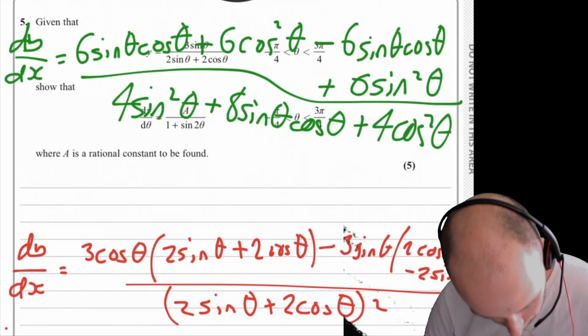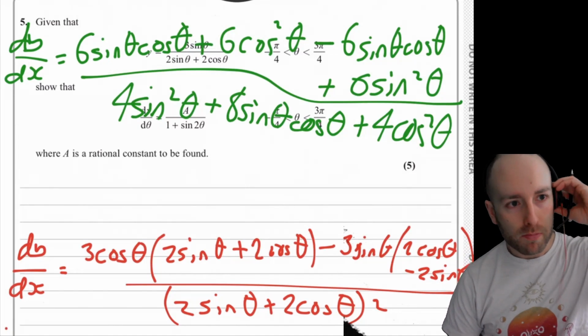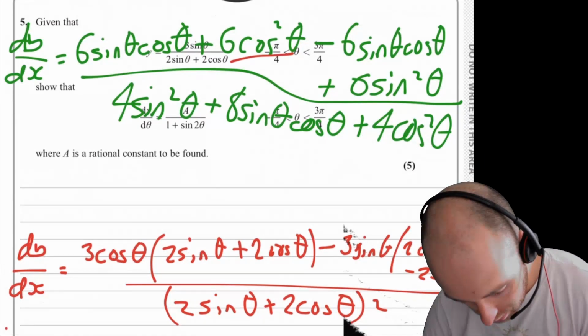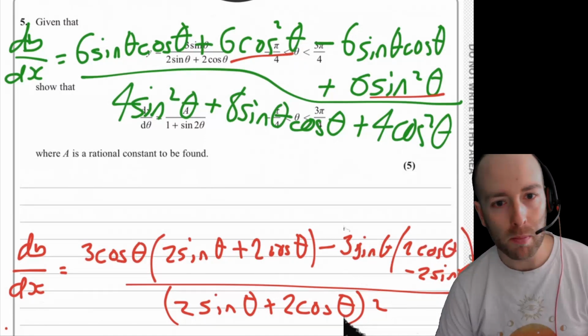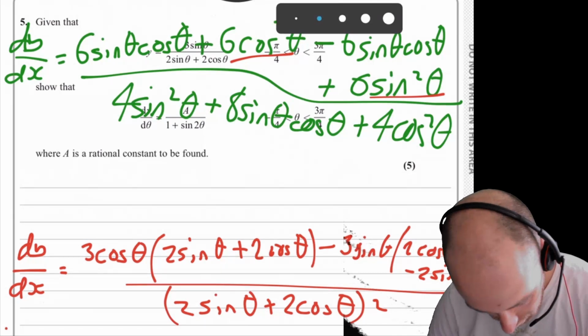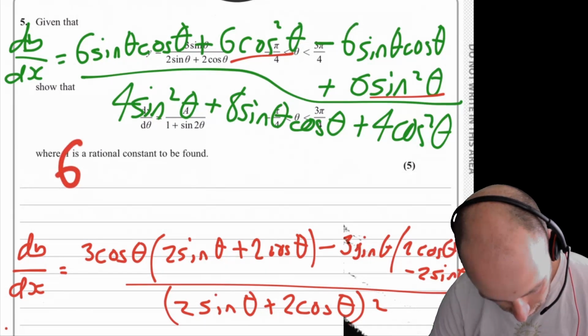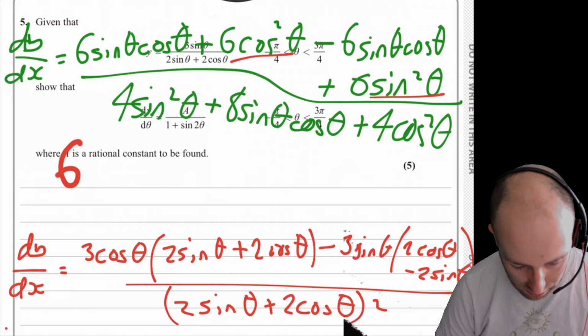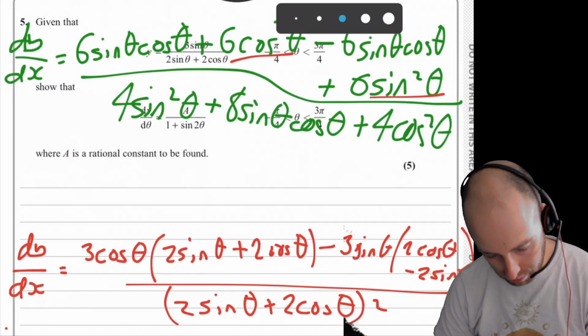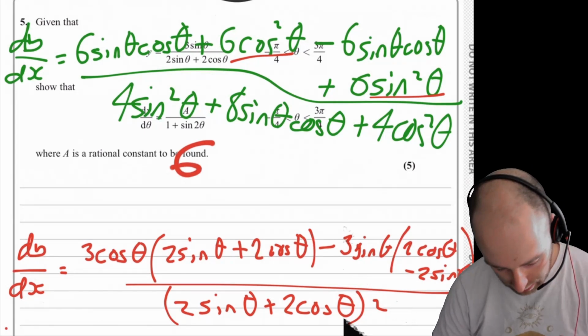All right, now the numerator of this one, we can see there's a sine squared plus a cos squared, so those are going to become 1, and we've got 6 lots of that, so we're going to get 6 on top. And then we've got sine theta cos theta minus sine theta cos theta, so they cancel. So we did, in fact, just get 6 on top.